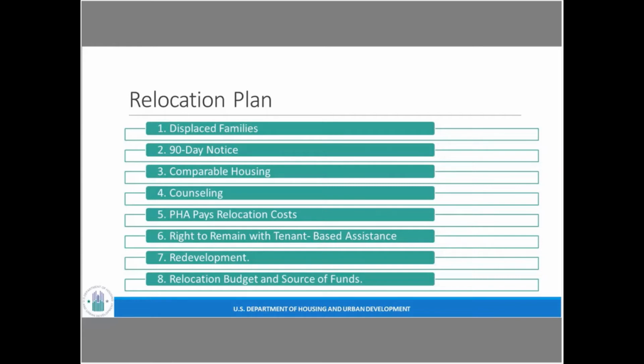But Streamlined Voluntary Conversion requires the housing authority to convert every last one of its Section 9 public housing units. It's not possible under a Streamlined Voluntary Conversion plan to say, I have 230 units, I'm going to convert 200 of them and keep 30 as public housing. The Streamlined Voluntary Conversion plan has to propose a future use and conversion of every single property and every single unit.